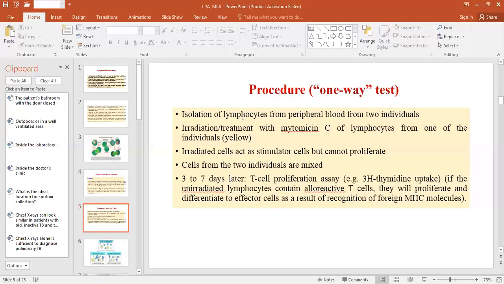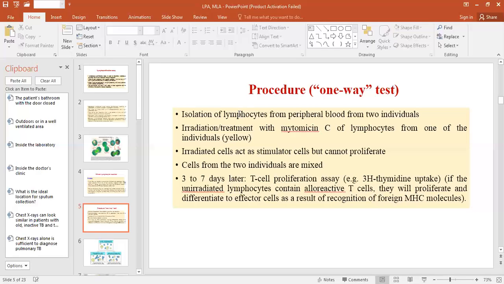We have seen that the unirradiated lymphocytes, which contain alloreactive T cells, will proliferate, not the irradiated cells or the mitomycin C treated lymphocytes.